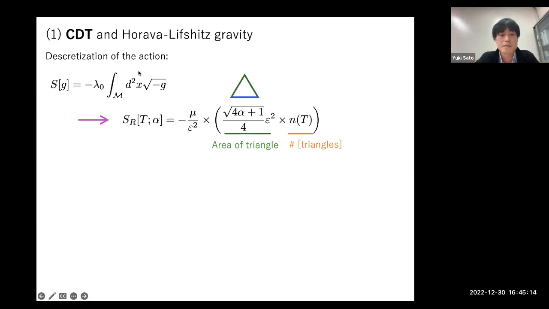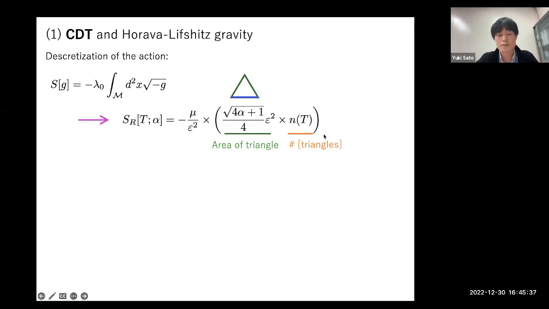And this integral means the total area of the 2-dimensional surface. In the discrete setup, it is given by the area of each triangle times the number of the triangles, where n is the number of the triangles. So this is the Regge action, which is very simple.